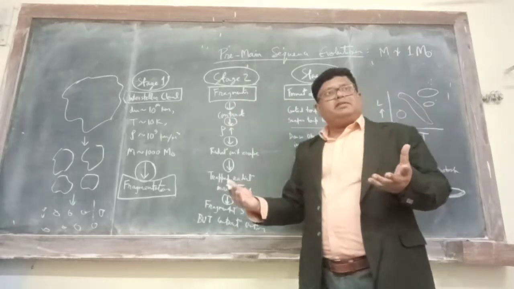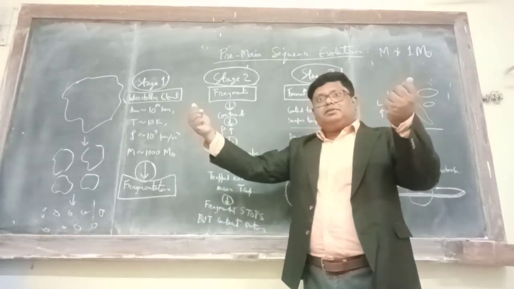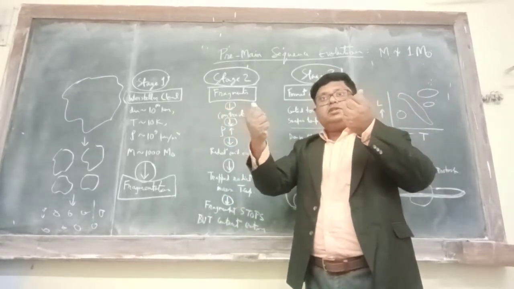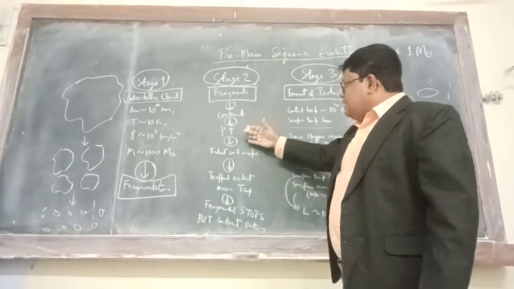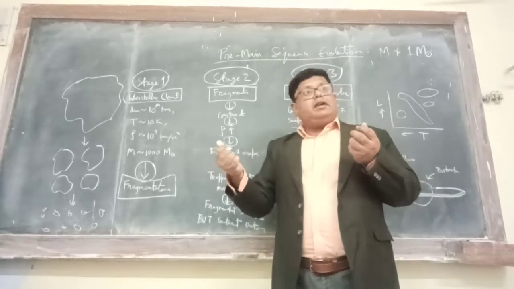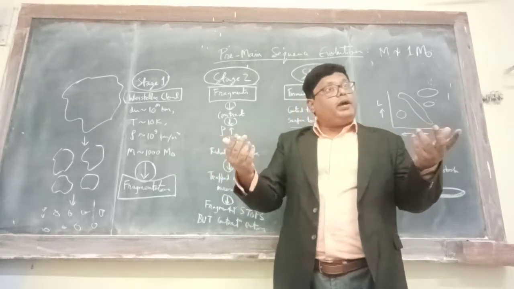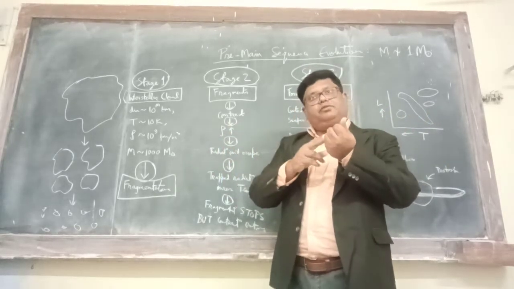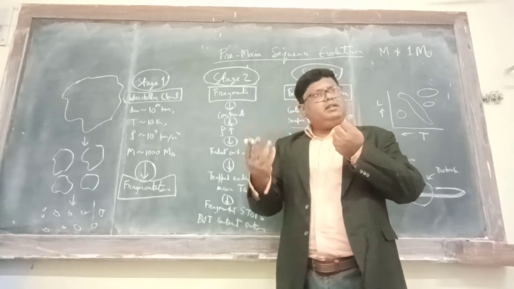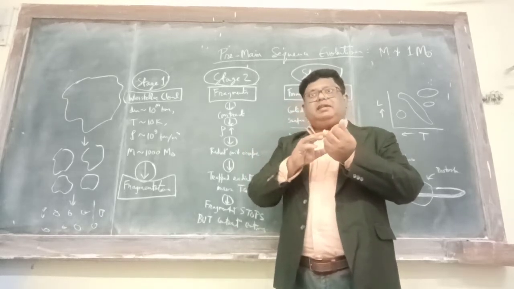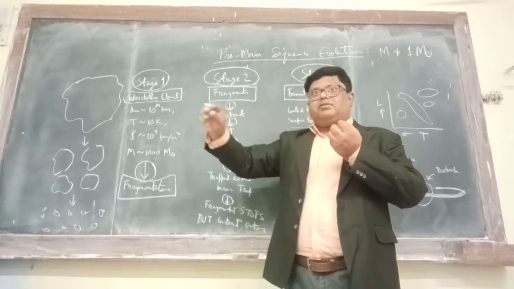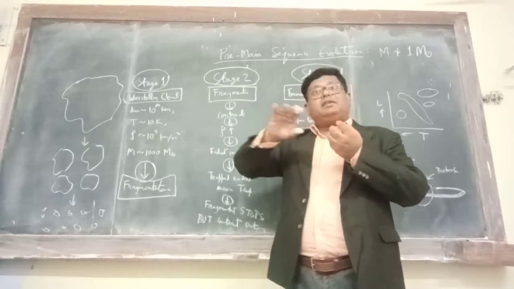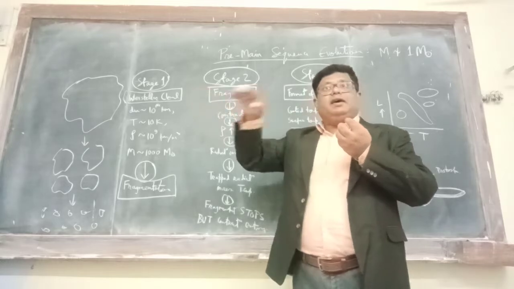Now what will happen as a result of contraction? Atoms and molecules will come close to each other. So density rises. And as a result, radiation cannot escape. Why? Say for example, there is an atom over here. Due to certain reasons, it gets into an excited state, and during de-excitation it emits a photon.